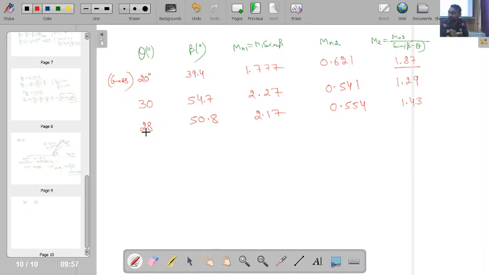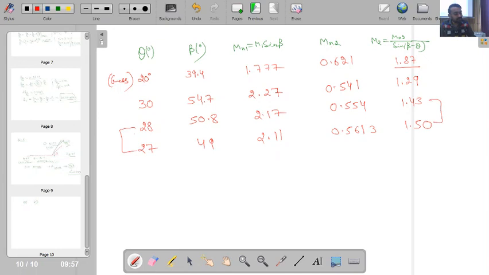So I have to now choose slightly stronger, so I have gone to 27. With 27 I have got 49, 2.11, 0.56, and 1.50. So it means my angle is in between these two numbers.